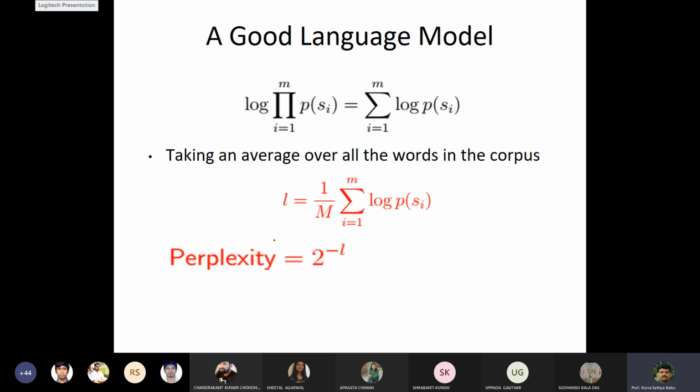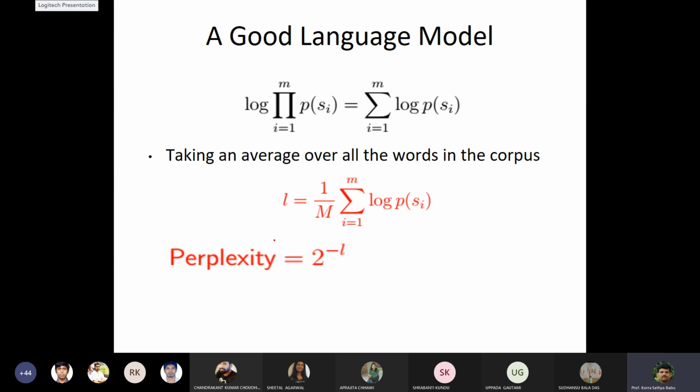What is perplexity? Perplexity means how much confusion a word, or a particular sentence, gives us. If there is more confusion, the probability is low; if there is less confusion, the probability is high.